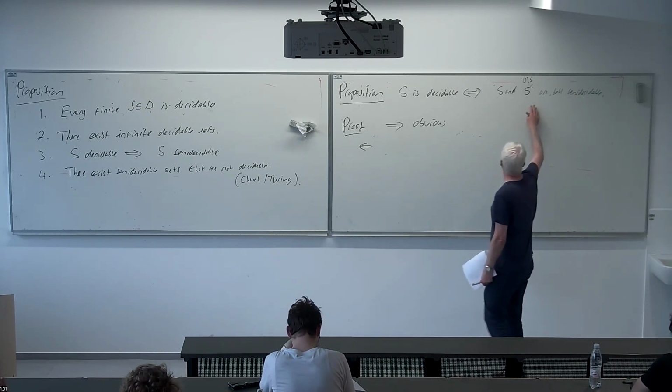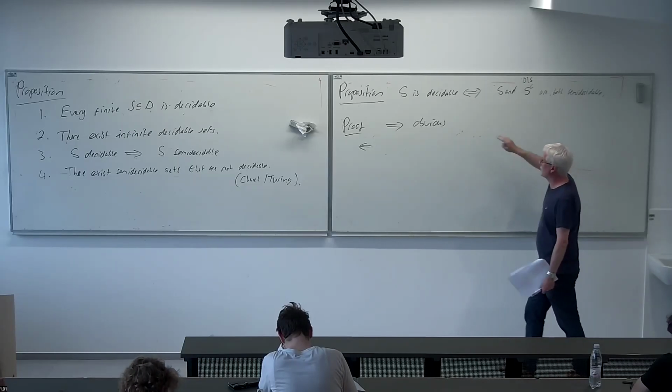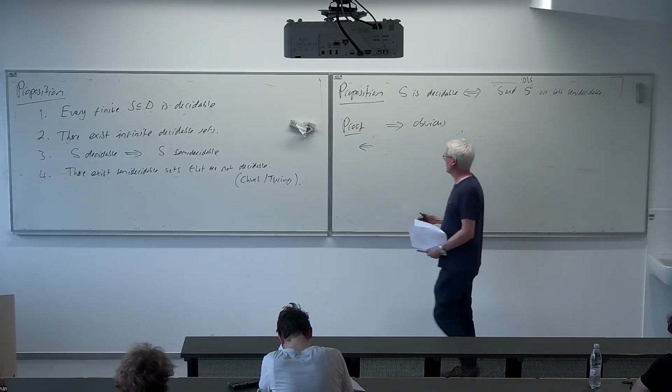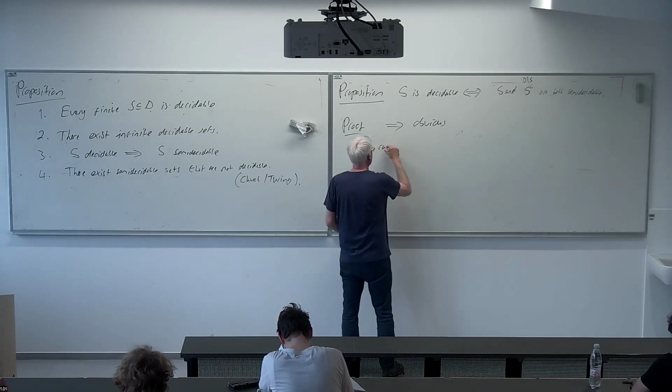So suppose S and S complement are both semi-decidable, how do we get a decision procedure for S? Well, the idea here is that we run the following algorithm.